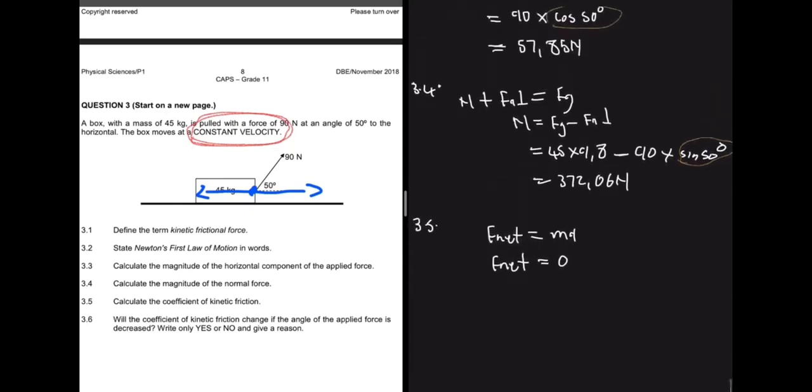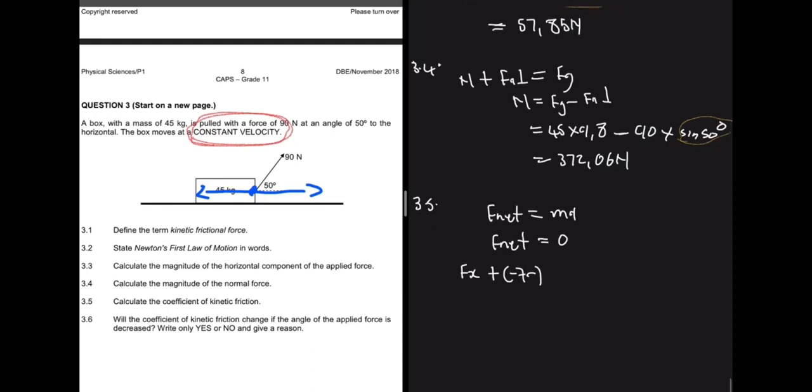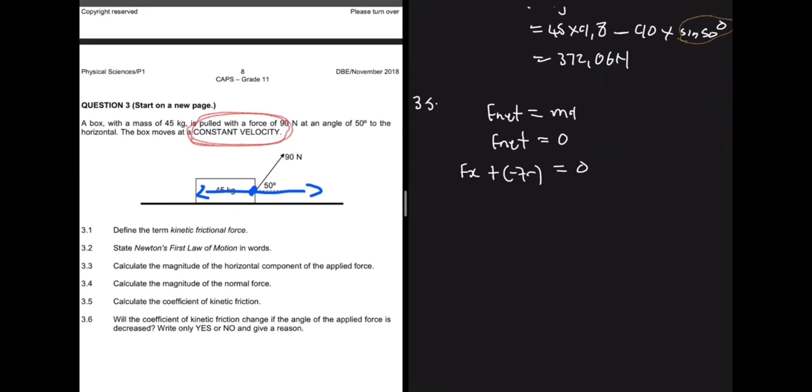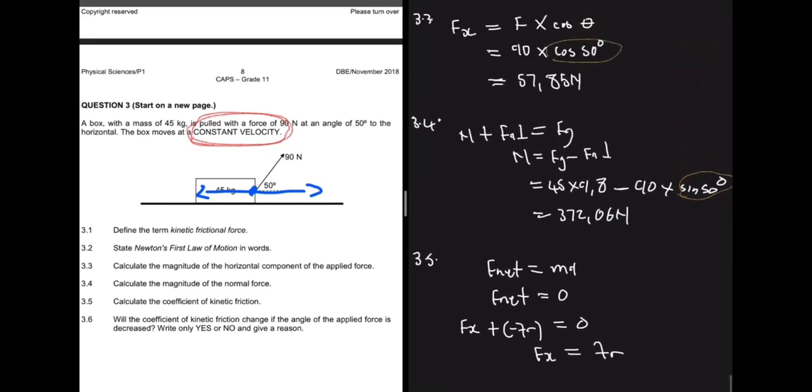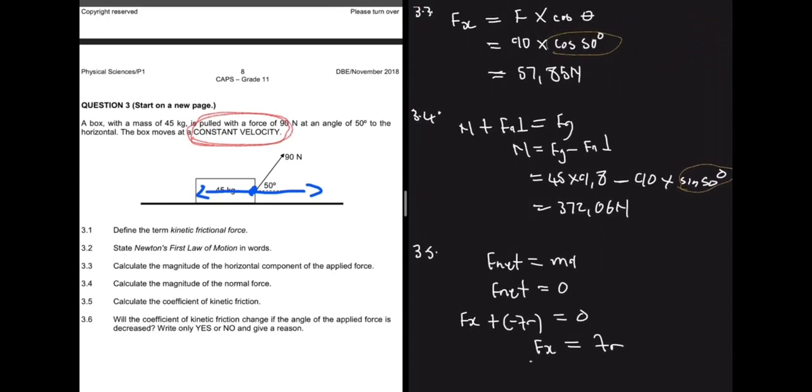So what are the forces acting on the object along the x-axis? It's Fx plus minus friction, because we put minus for friction since it's opposing the movement, equals 0. What does this tell us? This tells us that Fx equals the friction. So in place of Fx, we can put what we calculated in 3.3, which is 57.85.